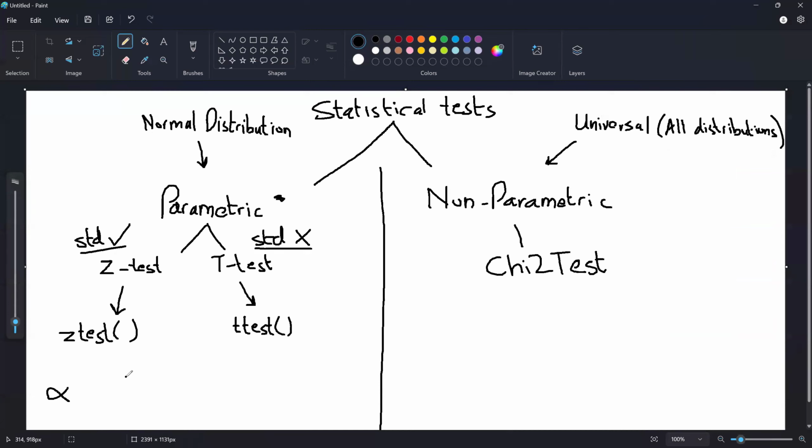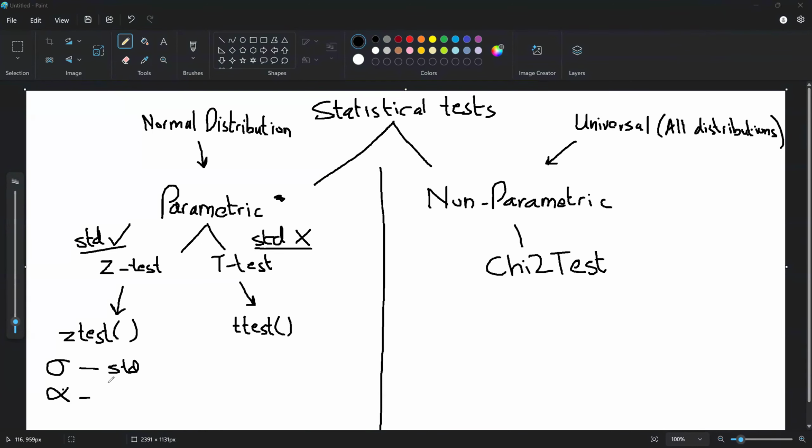Sigma is a Greek value that's written like this. By the way, if you use the help command, it will call alpha alpha and standard deviation sigma. It will just say sigma is given. It won't tell you standard deviation. So you have to know that sigma is standard deviation and alpha is just alpha.